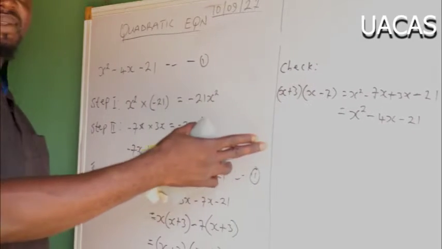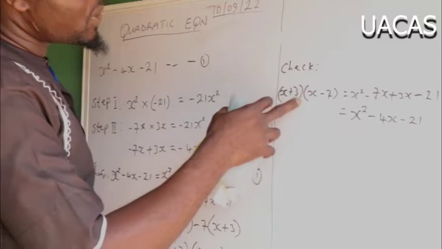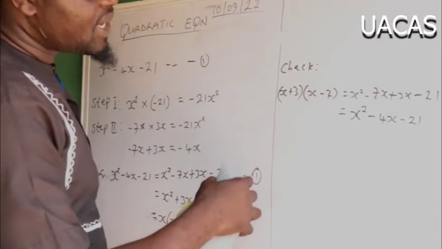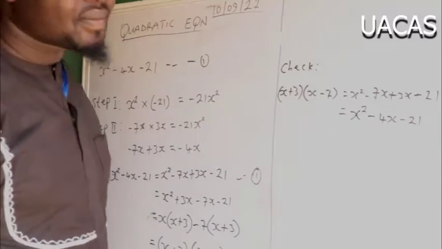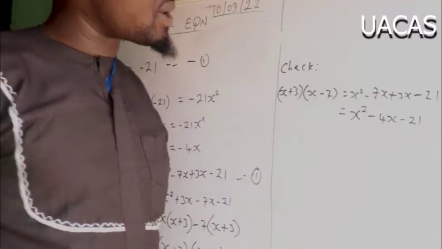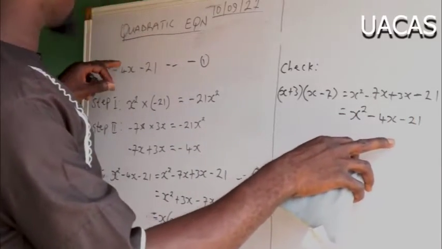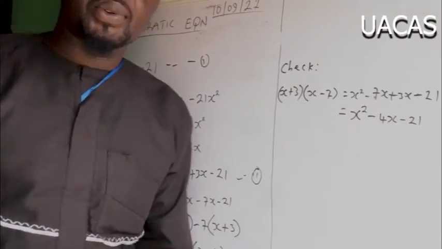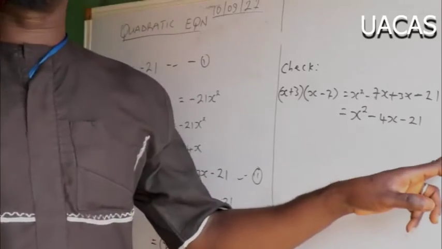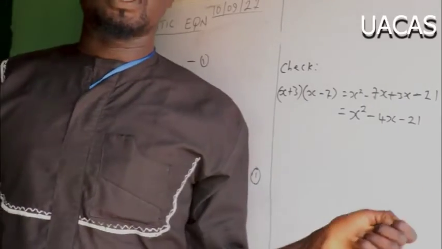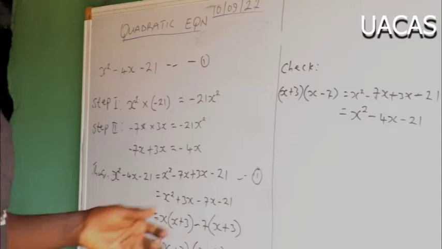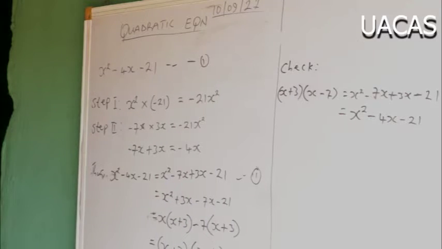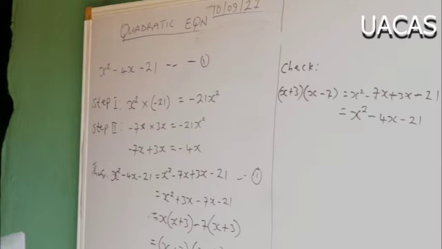We now checked x plus 3, x minus 7 equals this. So we got back our x squared minus 4x minus 21. So you can check your answer. I will say QED, that is quod erat demonstrandum, that you have proved it, or you have checked it, and you found out that it is correct.